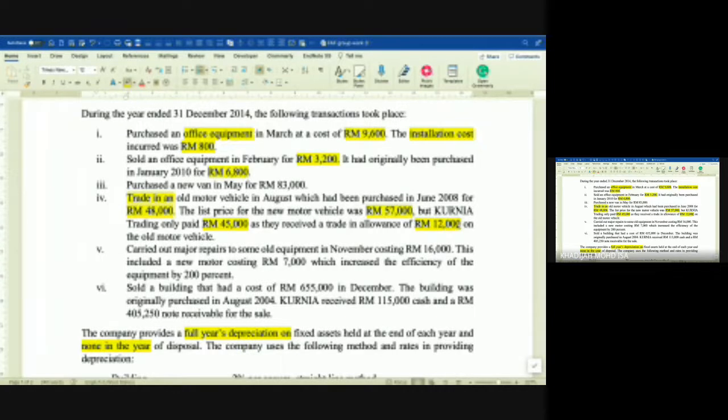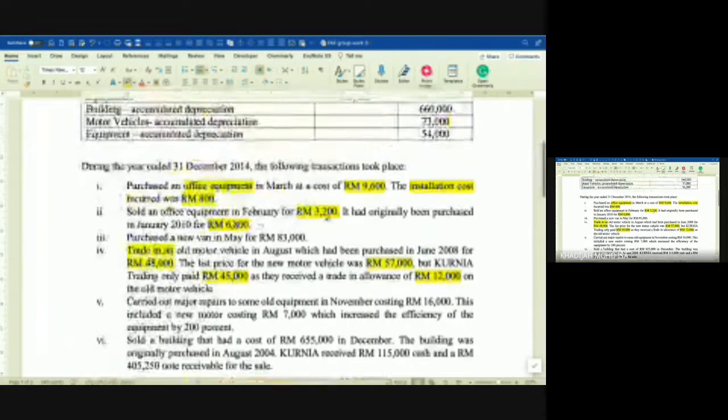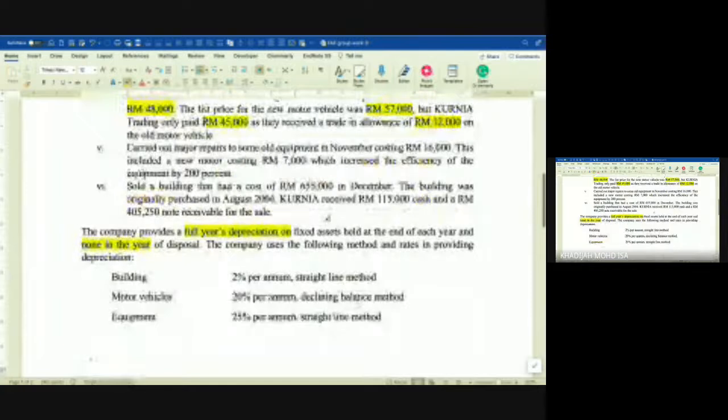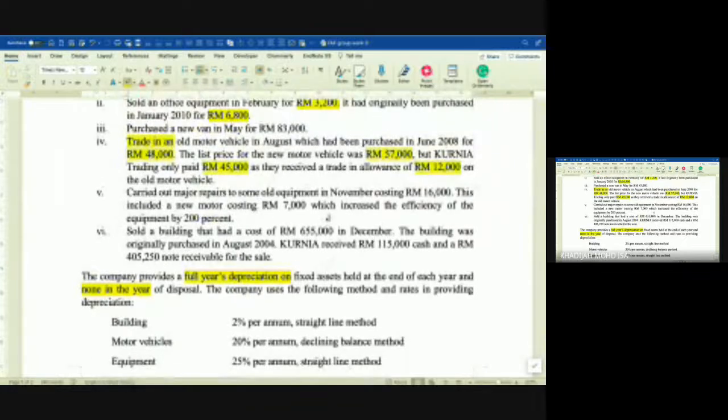So what I would do now is compute the accumulated depreciation for the asset. For the motor vehicle, the accumulated depreciation is 20% declining balance method. So you have to do another computation first to decide what is the accumulated depreciation on that motor vehicle.